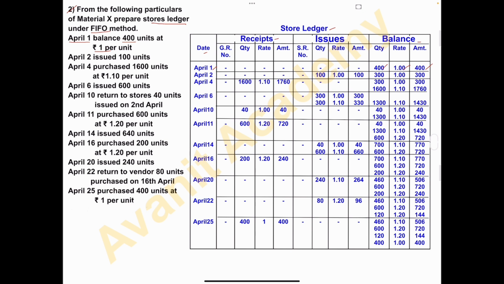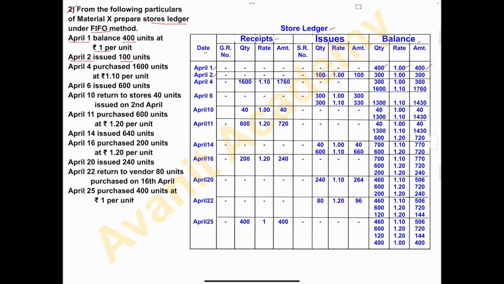Next entry is on April 2nd. Issued 100 units. We'll write in issues, April 2nd, receipts nil, in issues column, SR number nil. So how many units are issued? 100 units. See the balance. We have 400 units at rupee 1 per unit. In the issues column we have to issue 100, write here 100 units.